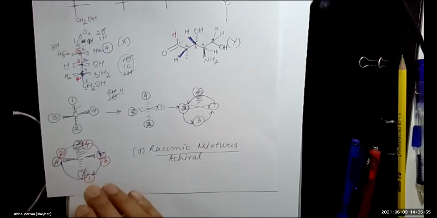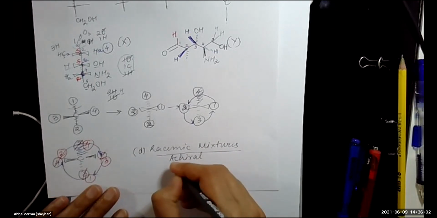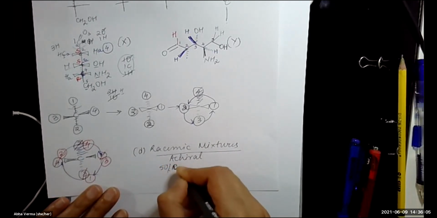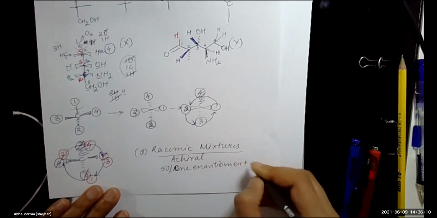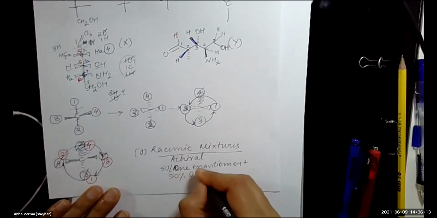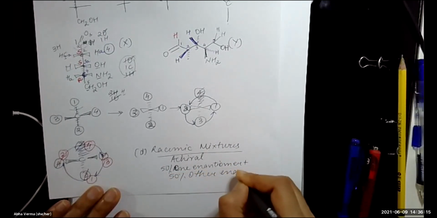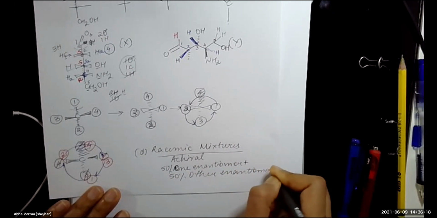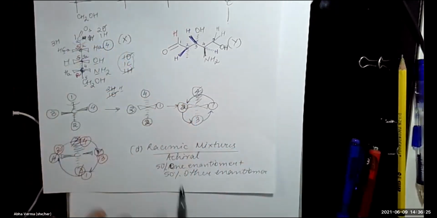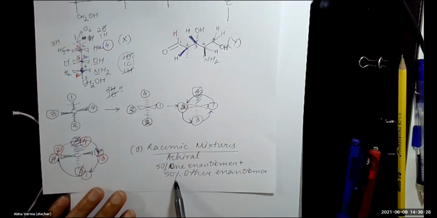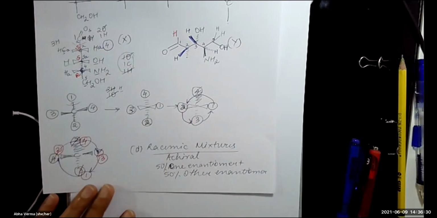Unlike your meso structures, which are within the same molecule, a racemic mixture is 50% one enantiomer plus 50% of the other enantiomer. So there are two pure molecules, pure one enantiomer and pure another enantiomer, and then you mix them together 50-50 in a solution. That's when you get racemic mixtures.